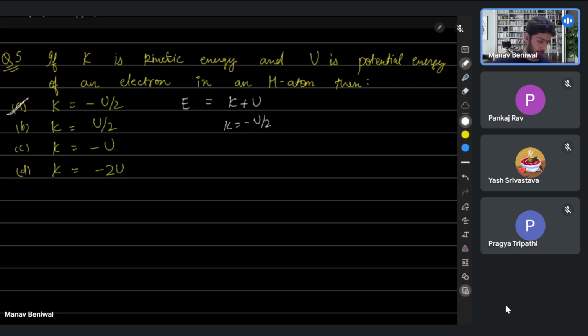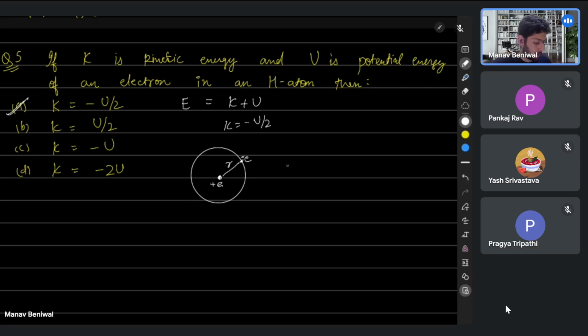But you can also do it fundamentally. So you can consider that you have a nucleus here and an electron at some distance r, right? So you can write out the expressions for K and U. For example, because it is a hydrogen atom, this charge is e and this charge is also e, proton and electron. This is plus e and this is minus e.